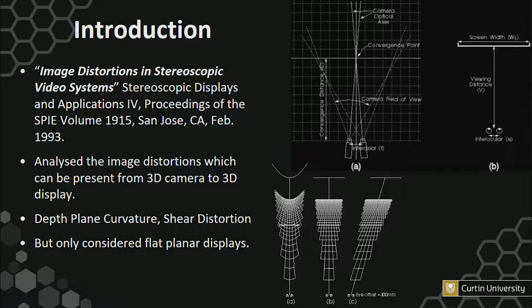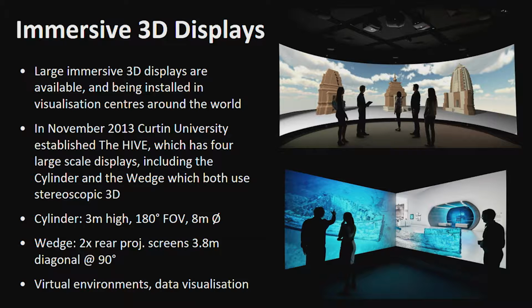That was written up in a paper presented at the 1993 Stereoscopic Displays and Applications conference, and it also revealed two types of distortions that were present: depth plane curvature, shear distortion, and also the other well-known one, keystone distortion. But it only considered flat or planar displays.